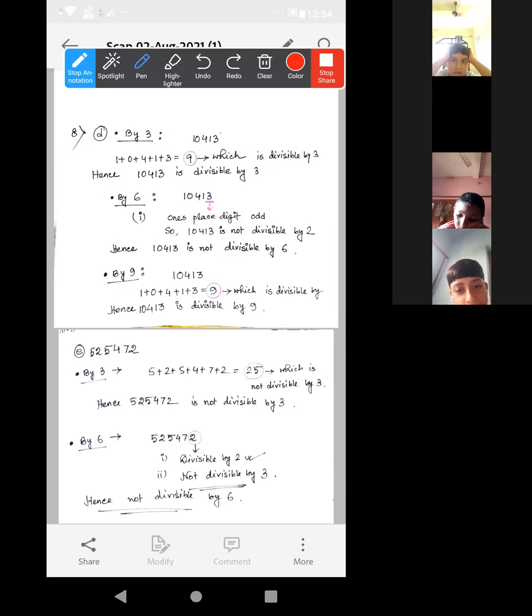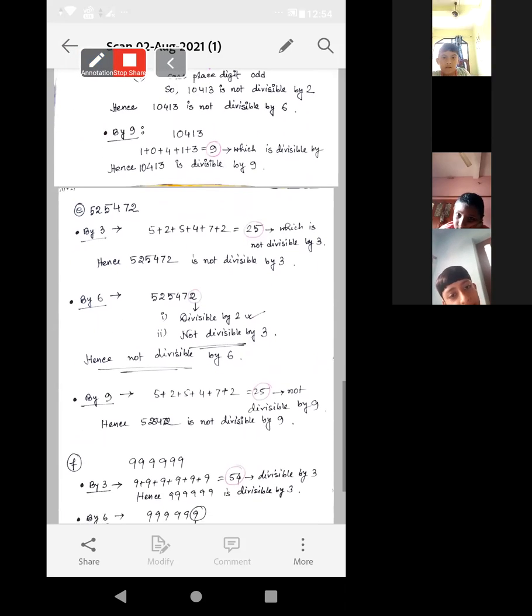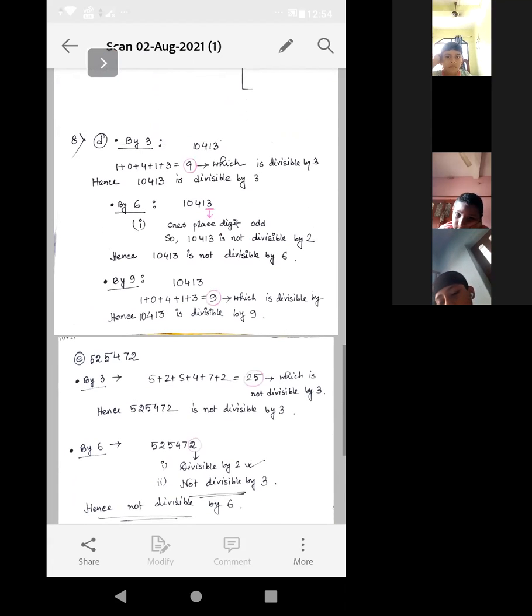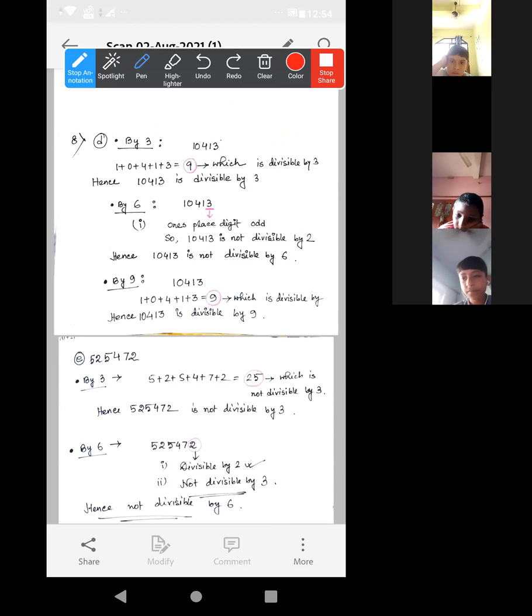Number D, E, F I have done. Ma'am, I have a doubt. Ma'am, the first number, D8D, we can see that by 6 the number is not divisible, but still you have done by 9. Is it mandatory?